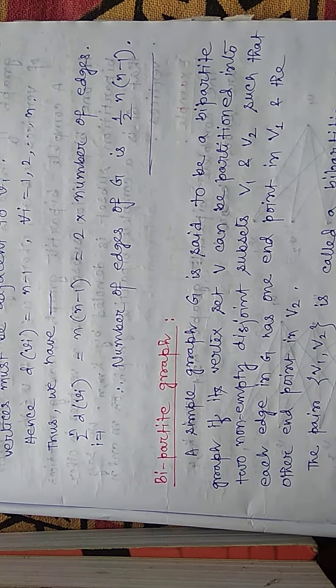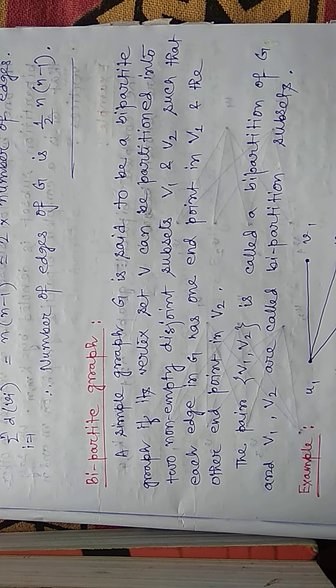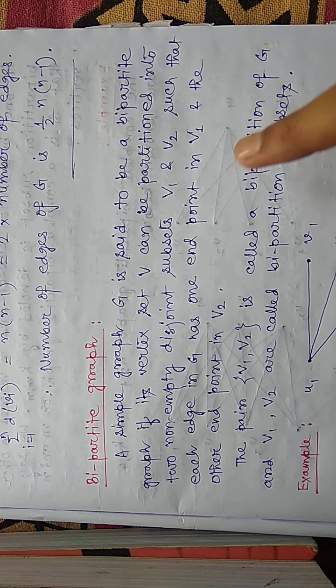Next, another important definition, bipartite graph. A simple graph G is said to be a bipartite graph if its vertex set V can be partitioned into two non-empty disjoint subsets V1 and V2 such that each edge in G has one endpoint in V1 and the other endpoint in V2.